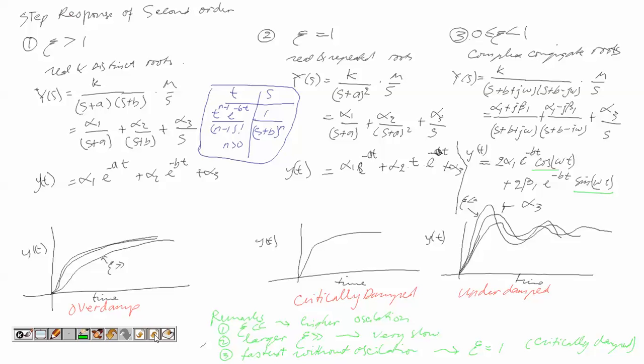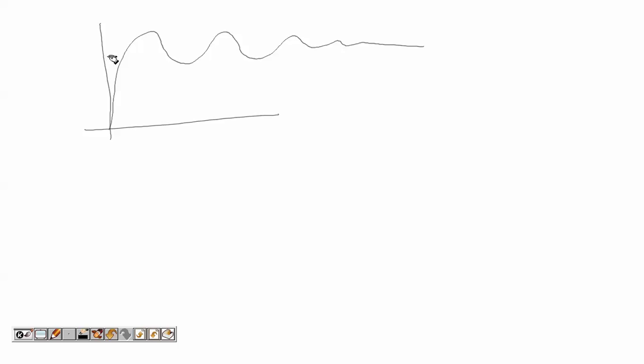Okay, now we study the third case. If the response is oscillating, there are several new terms here. So if we have a response like this, and then it gets to a new steady state, we have several terms.